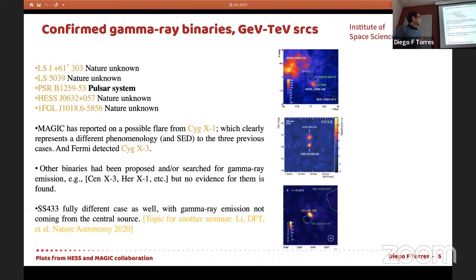Also, Fermi detected signals from Cygnus X-3 in a similar situation, and there are other binaries that have been proposed, but the evidence for them is not found yet. And there is also this microquasar, which is also a fully different case from the gamma ray binaries, because these two properties that appear so simple are not in general fulfilled by any other class.